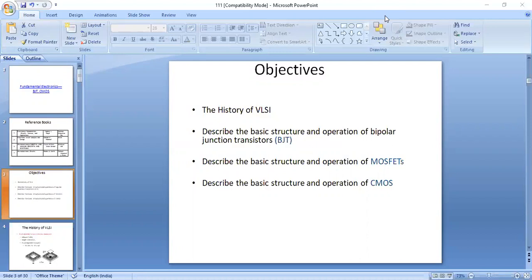Is it not? So a 4 megabit RAM chip is occupied by 4 million transistors housed in a small chip. So this is a good example of our integrated circuit chip.